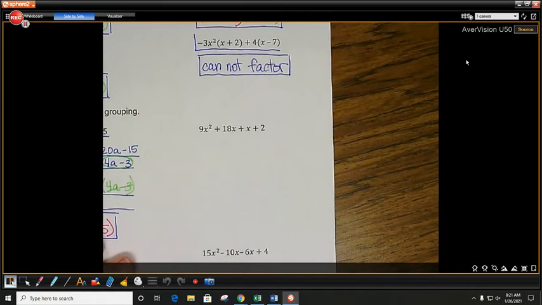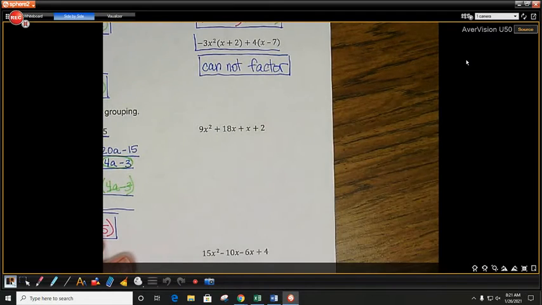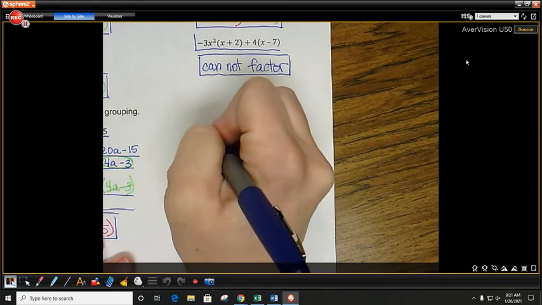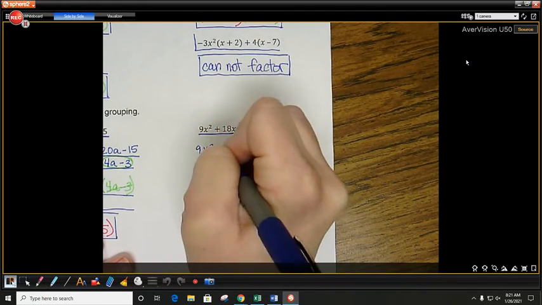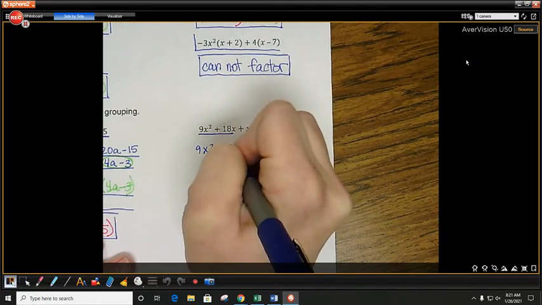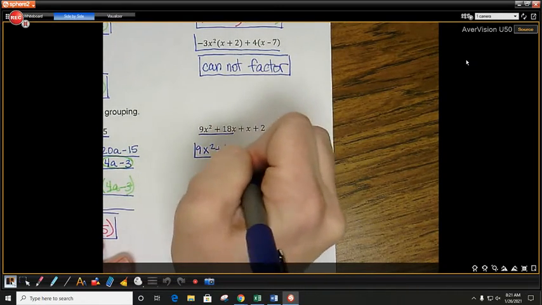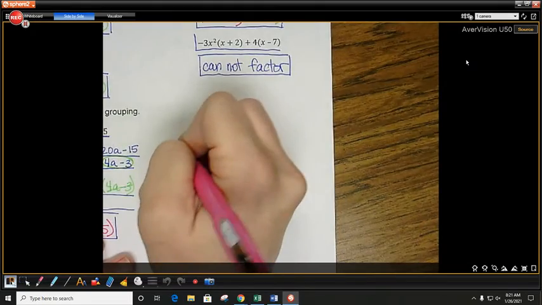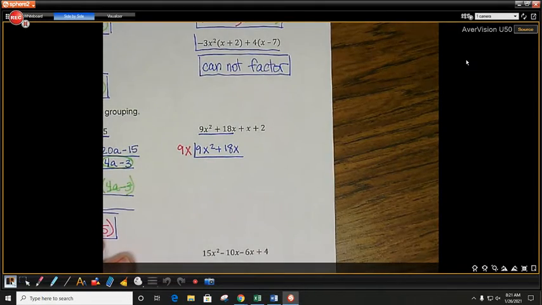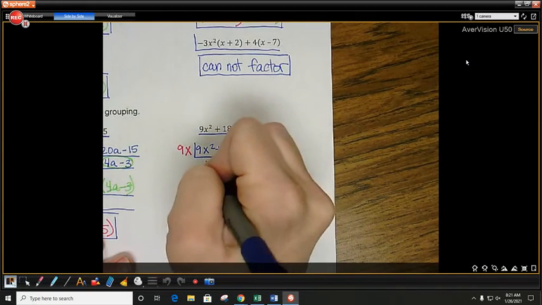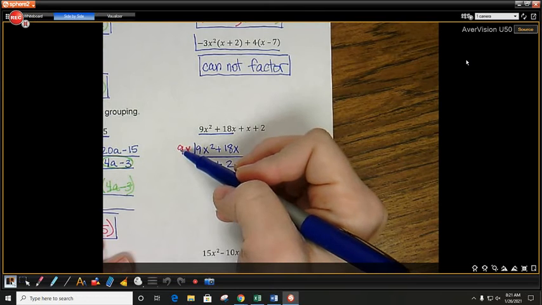Again, we use grouping when we have 4 terms. So when we have 4 terms, I'm going to separate and factor each individually. So I'm going to look at my first two terms, 9x squared plus 18x. They're both divisible by 9, and they both have an x. So I'm going to factor out a 9x. So then I get x plus 2. 9 divided by 9 is 1.